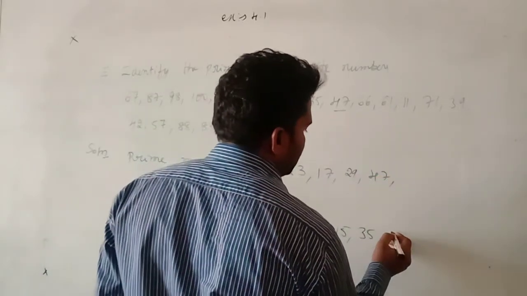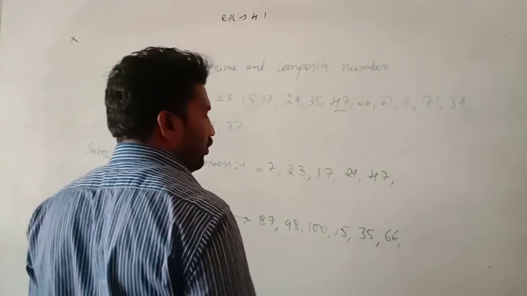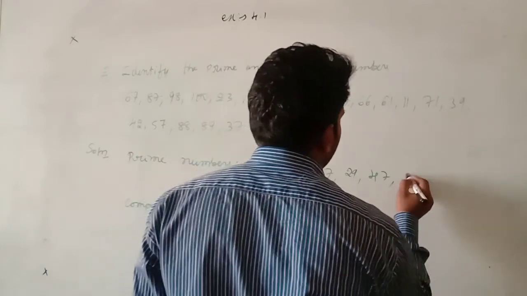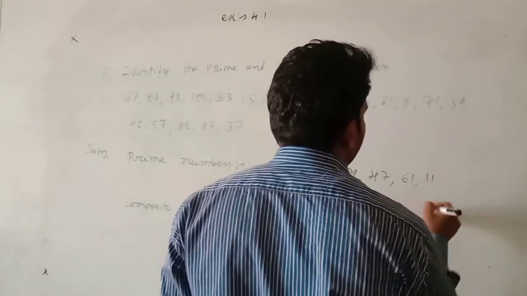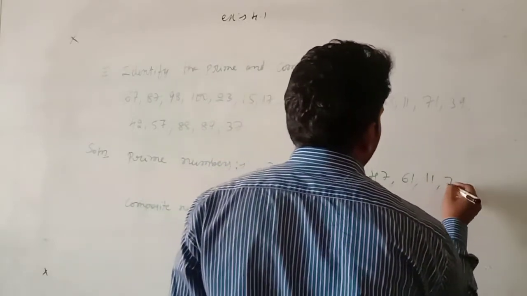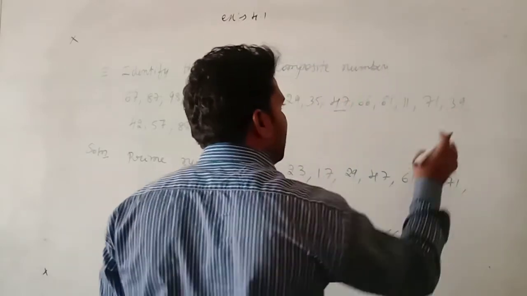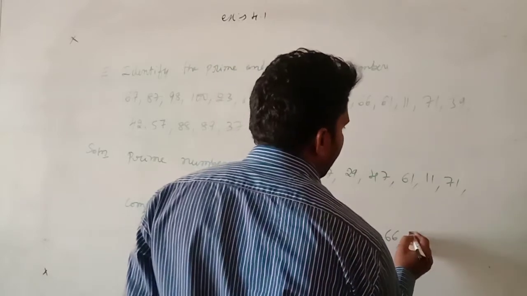66, yes it is an even number. It is divisible by 2. It means composite. 61 it is prime number. 11 prime number. 71 prime number. 39 it can be divided by 3. 3 plus 9 is 12. So it can be divided by 3.